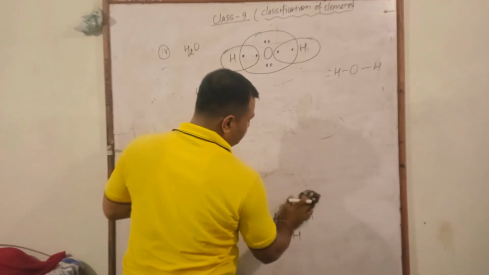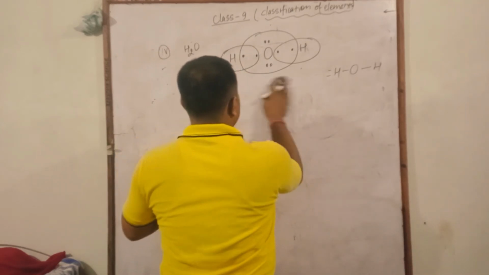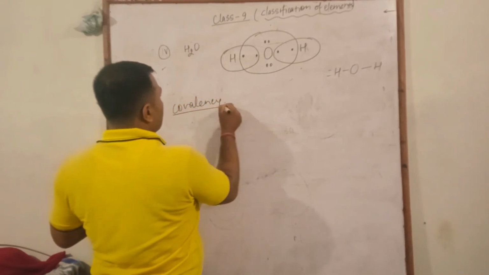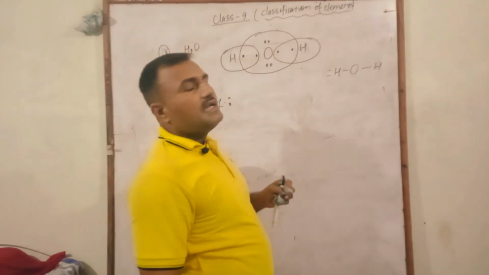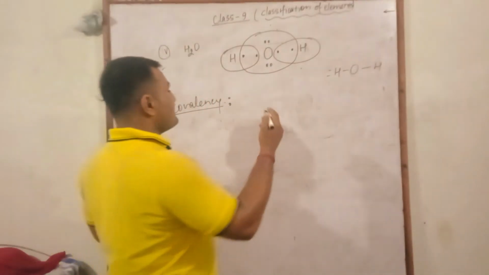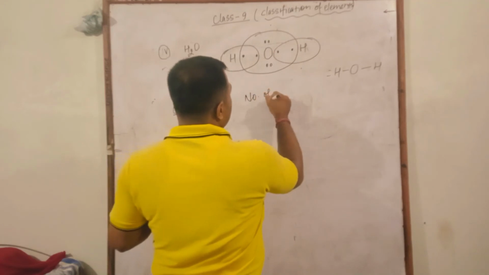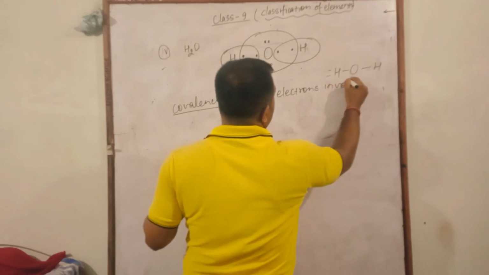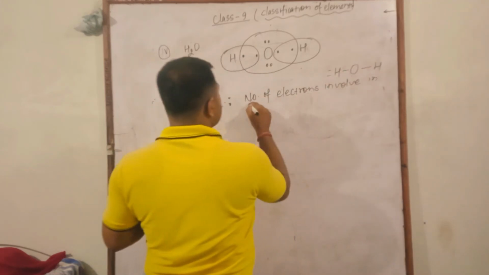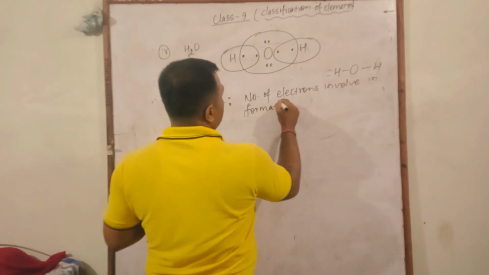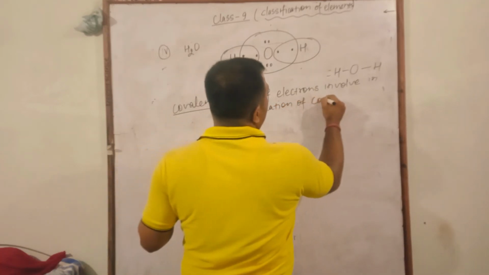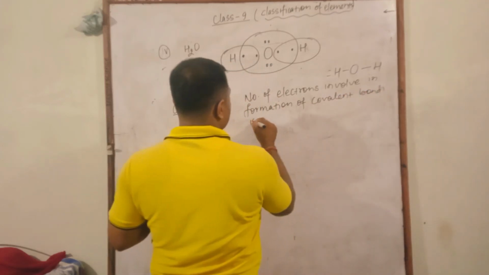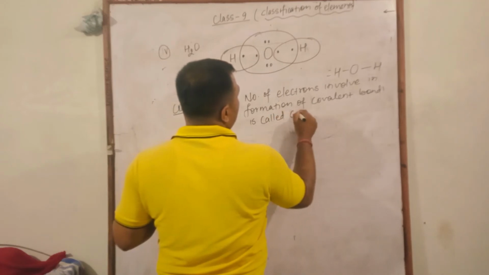After that, covalency. Covalency is related to the covalent bond formation capacity, and the number of electrons involved in the formation of a covalent bond is called covalency.